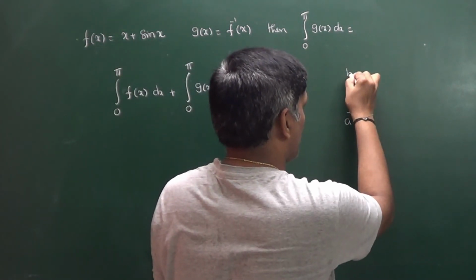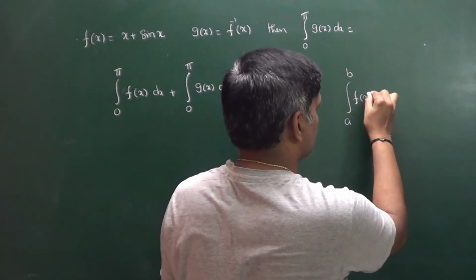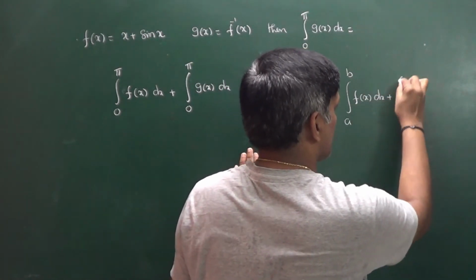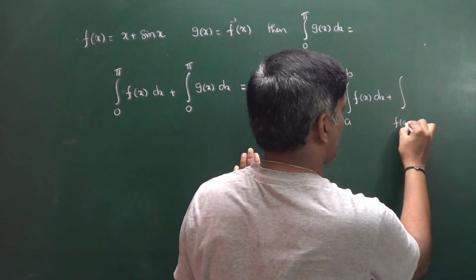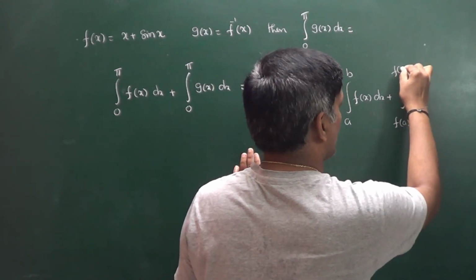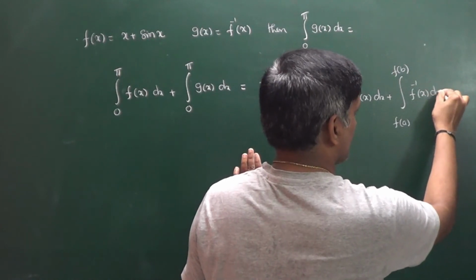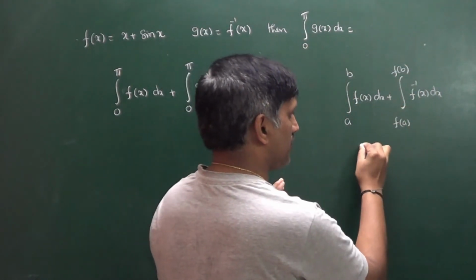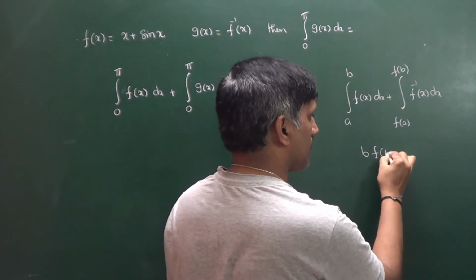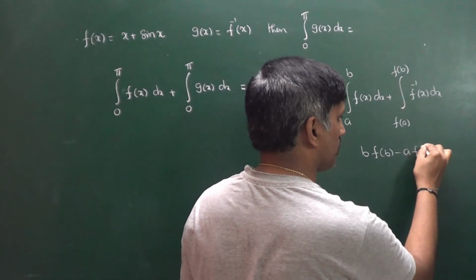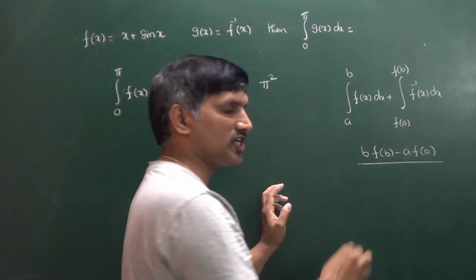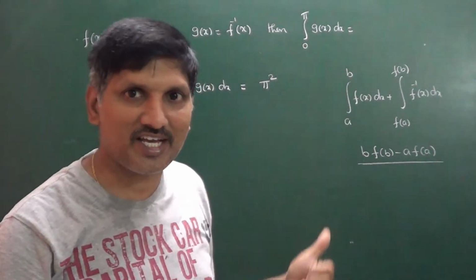Integral a to b f of x dx plus integral f of a to f of b f inverse of x dx, then we got the answer as b into f of b minus a into f of a, under the condition that the function is a strictly increasing function.